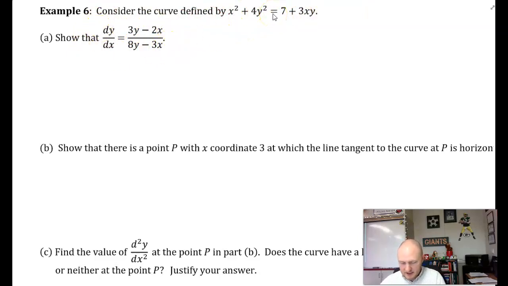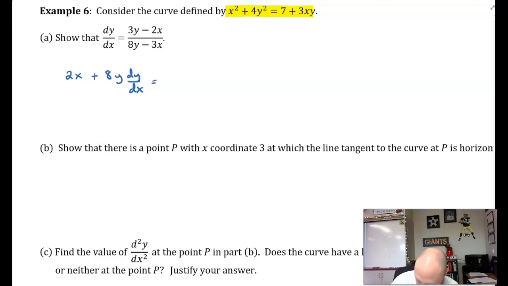So I'm going to take my function and implicitly differentiate, and that should match. So I have 2x plus 8y dy/dx is equal to 0 plus 3 times, and now I'm going to do the product rule.